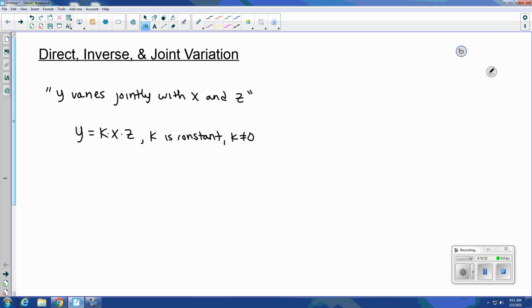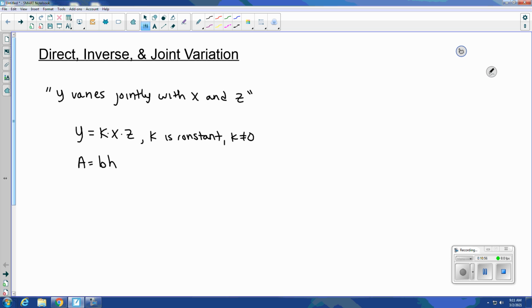Now, what's an application for the joint variation? Maybe the area formula for a rectangle, where the k value is equal to 1, because our area formula is base times height. So we see a relationship between three variables here, and it says A is going to vary jointly with the base and the height. Now, if we hold the base constant, we increase the height, the area goes up.